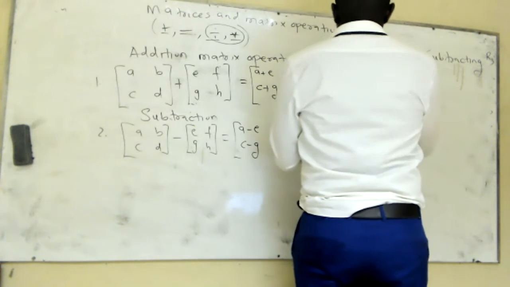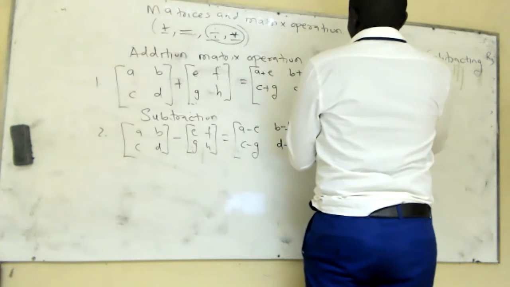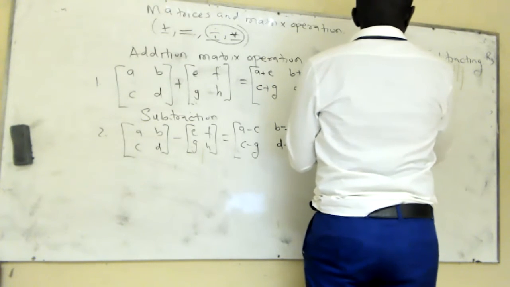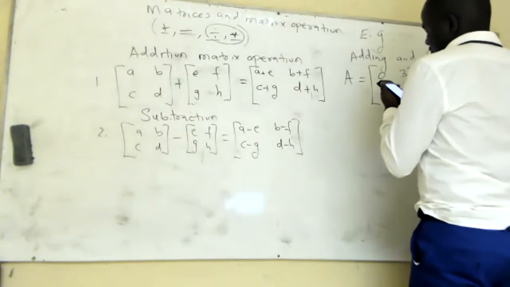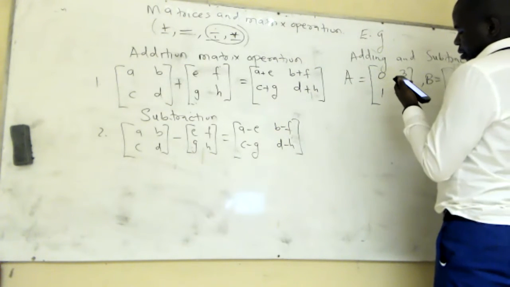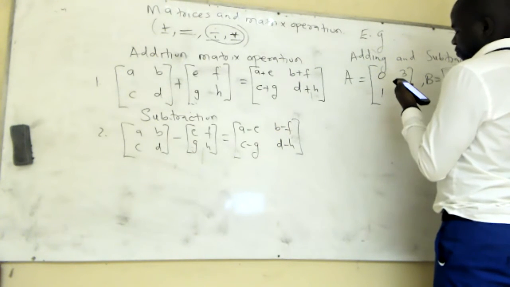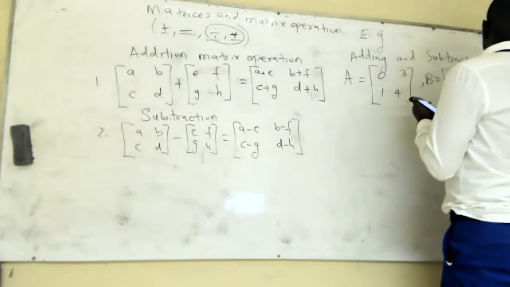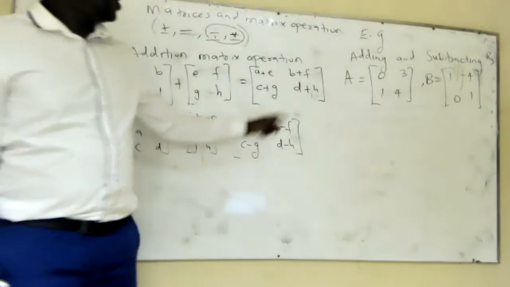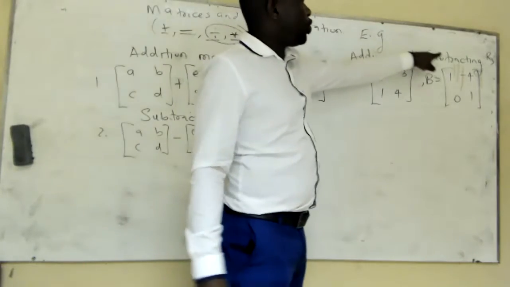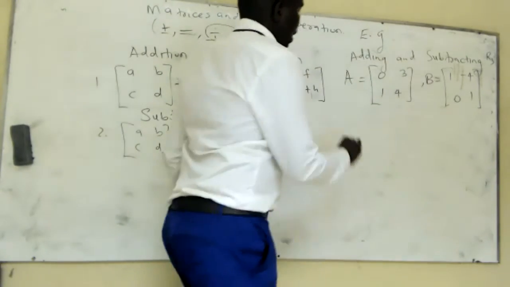So we're given a matrix A of 0, 3, 1, 4, and a matrix B, which is given by 1, -4, 0, 1. Let's say we want to apply the operation of addition and subtraction on these two matrices.